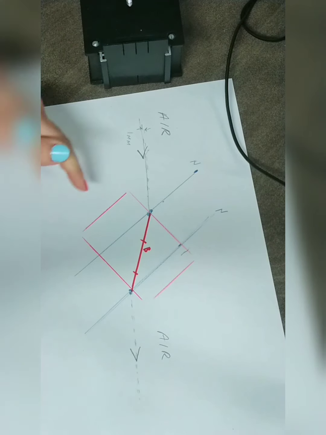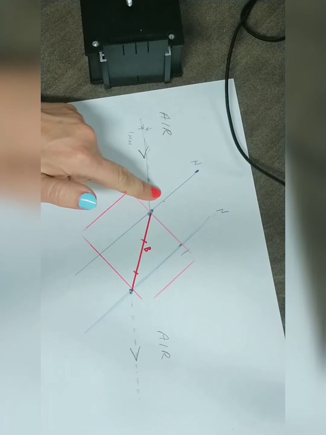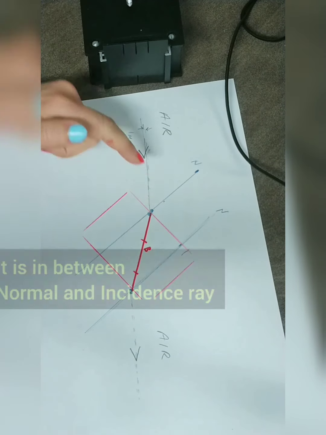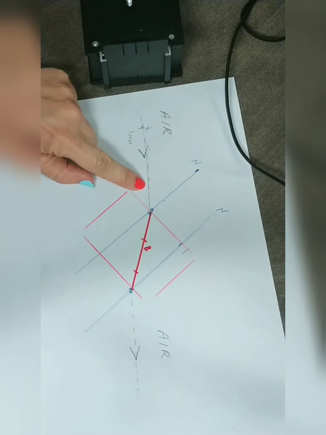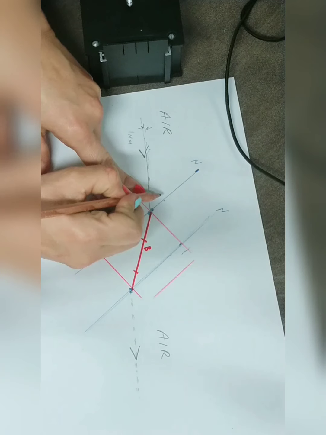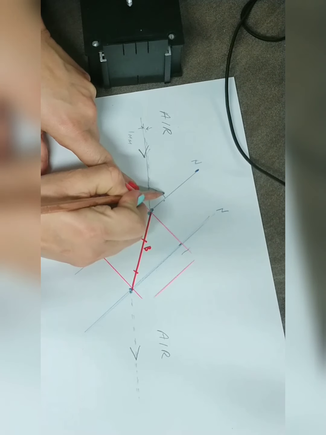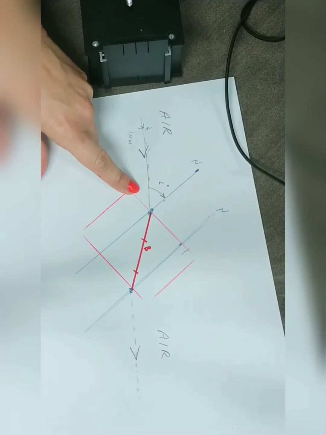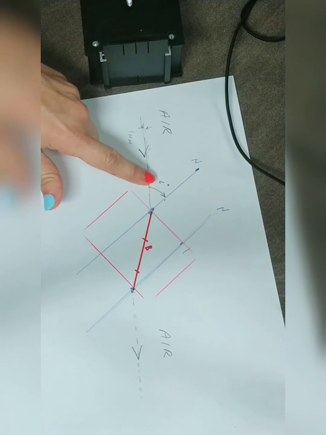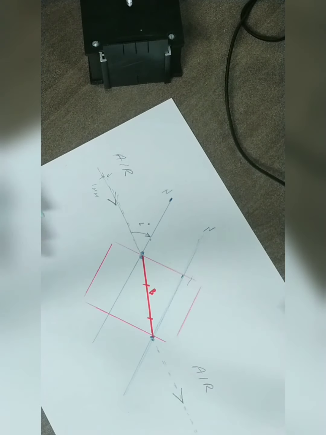It's going to be in between the normal and the light ray. So this would be this angle. I call it I for incidence, and I'm going to measure it.